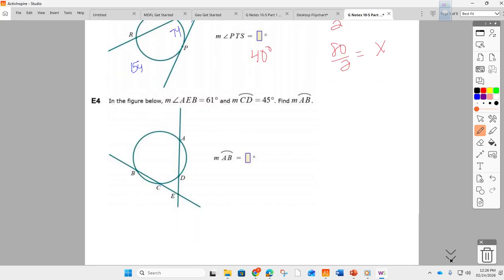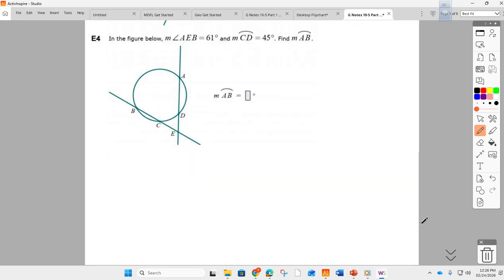All right, so let's look at example 4. Let's mark our diagram. I see here they're giving us this measure of an angle and one arc. We have to find the measure of the other arc. We have a formula that we wrote, so it's going to be okay. We're going to plug in this angle AEB. AEB is 61 degrees.